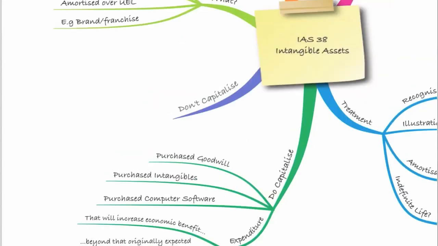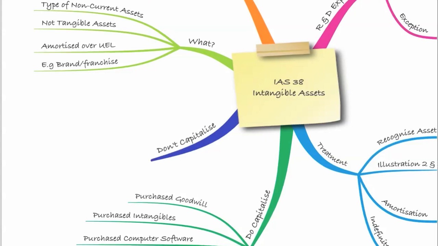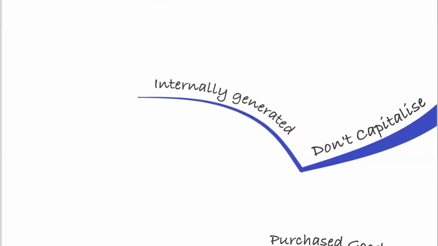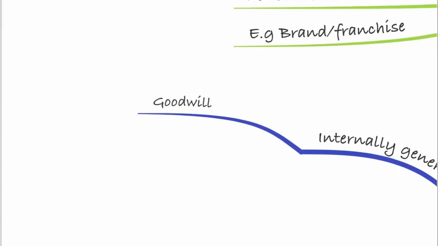I lastly want to consider things that you don't capitalise. So things to look out for in the exam that are not capitalised. So number one, internally generated items such as internally generated goodwill.